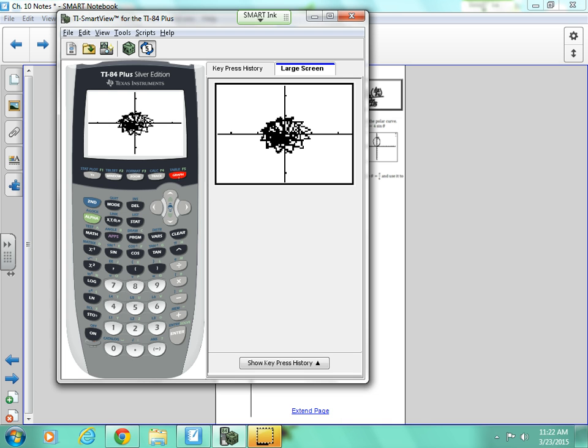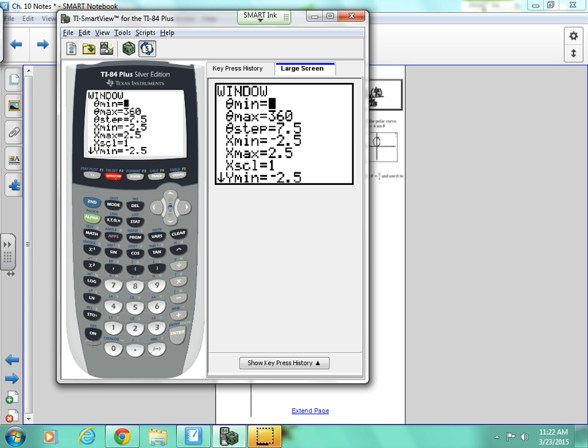I had the window tailored for degrees, and then I said radians, and my graph freaked out. Why? Because I still have theta 0 to 360. I don't want 0 to 360. I would want something like 0 to 2 pi. Maybe to be totally safe, negative 2 pi to 2 pi. I'd rather have more than not enough. But let me go ahead and clear it, and I'll say 0 to 2 pi.